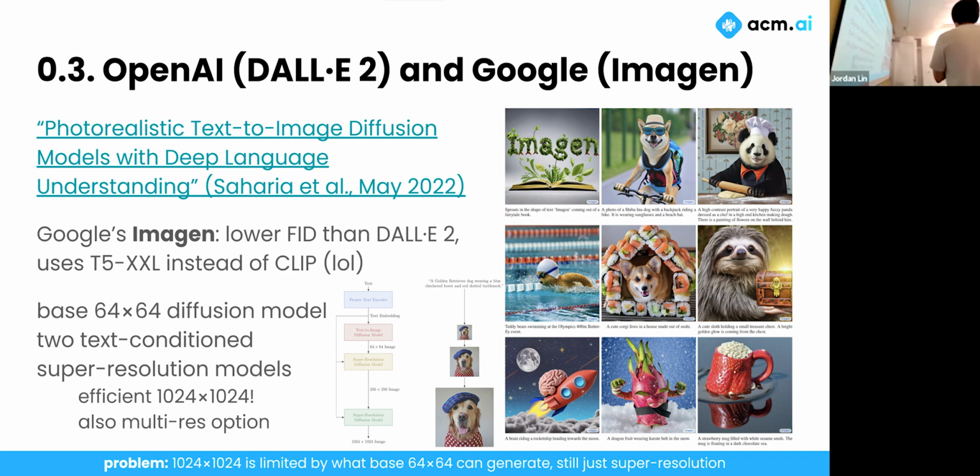So maybe normal large language models do work. Basically, the way they work is first they train a 64 by 64 diffusion model that is text conditioned, so it is able to generate like DALL-E, but at a very small resolution. And then they train two separate super resolution models, one going from 64 to 256, one going from 256 to 1024. Specifically, these super resolution models are text conditioned. So it knows how to do super resolution, but it also has the information of how it's supposed to up-res it.